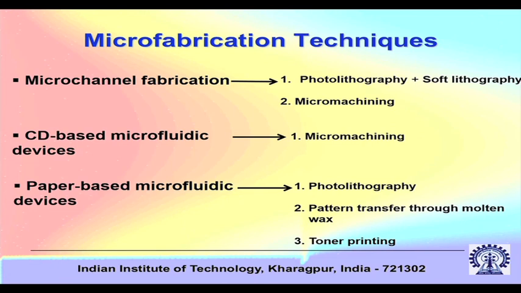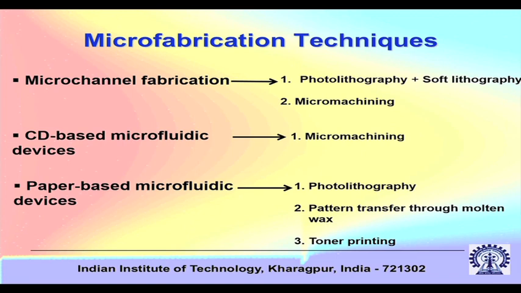When we say microfabrication, our main goal is micro channel fabrication, because that is where our fluid flow is taking place, where microfluidics is mainly concerned. For micro channel fabrication, you are bothered about either the classical paradigm of photolithography, soft lithography, which we will discuss, and mechanical micro machining.